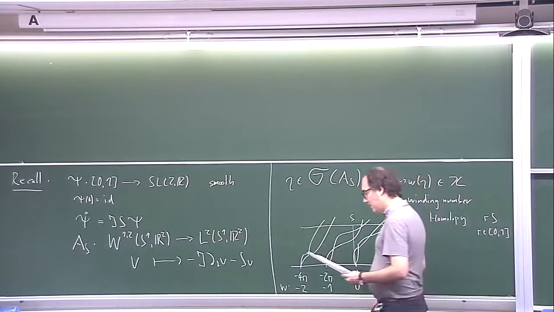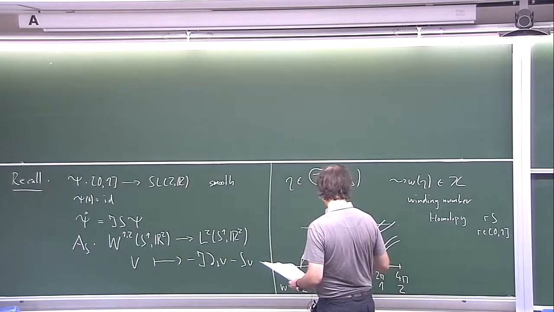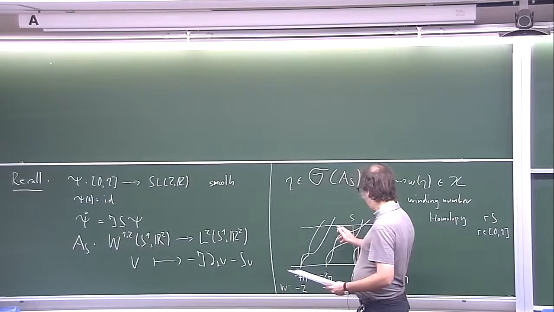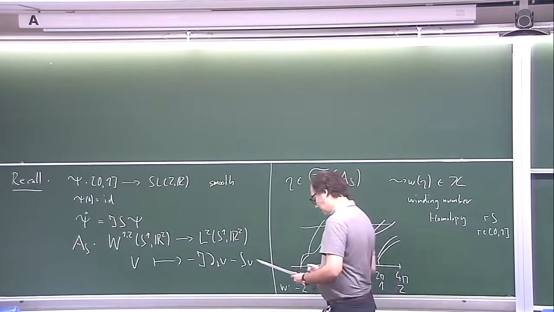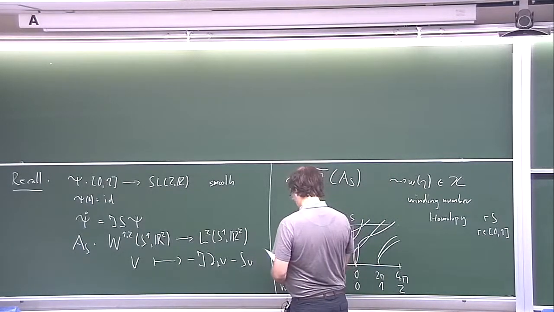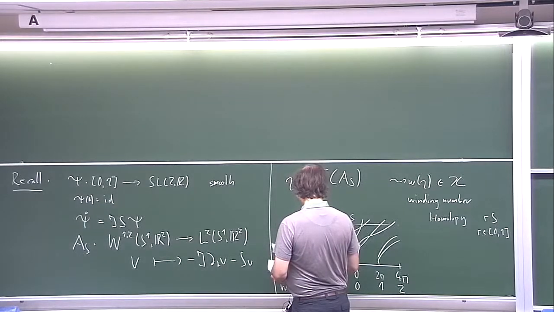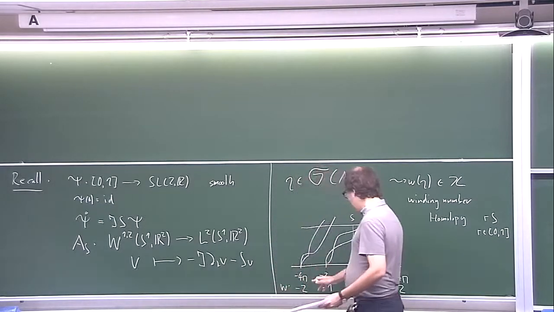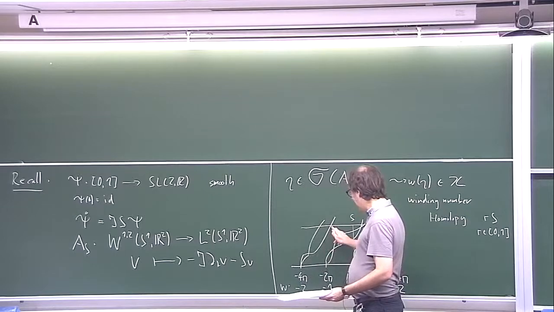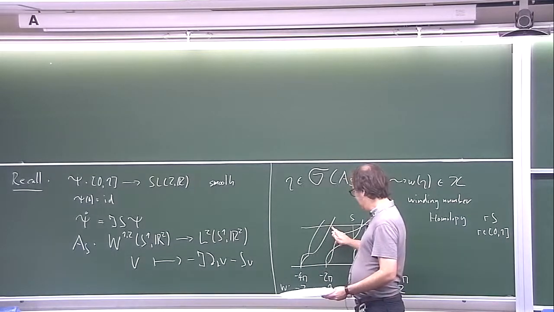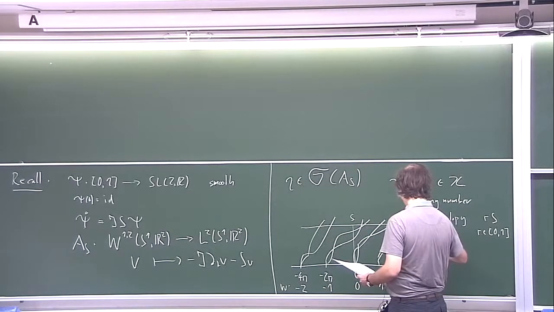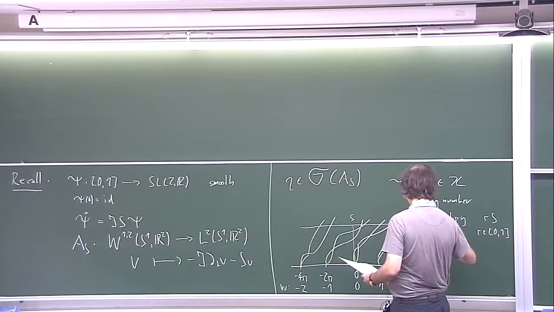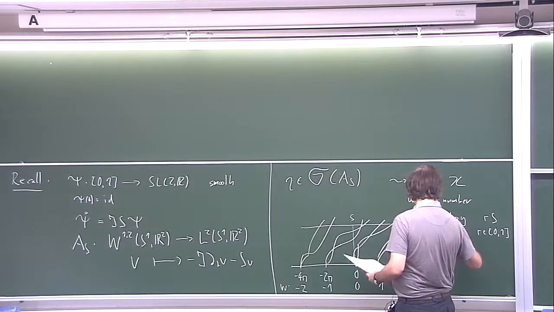And then in this situation we define alpha of S. This is the biggest winding number for an eigenvalue, for a negative eigenvalue. So in this case, alpha of S is minus 2.